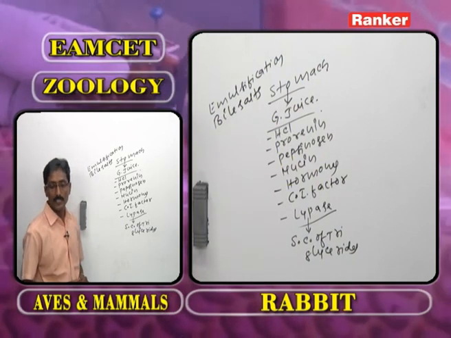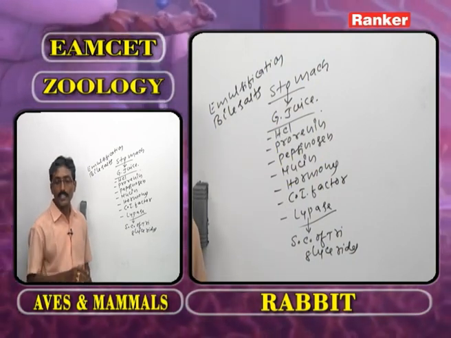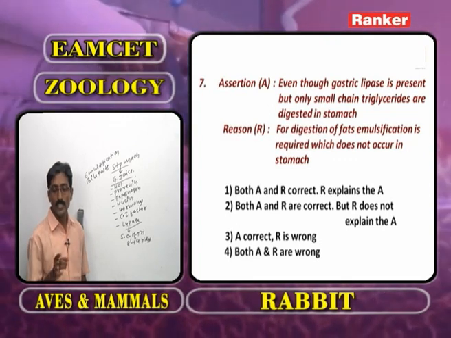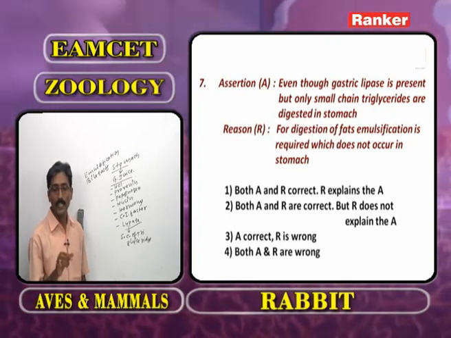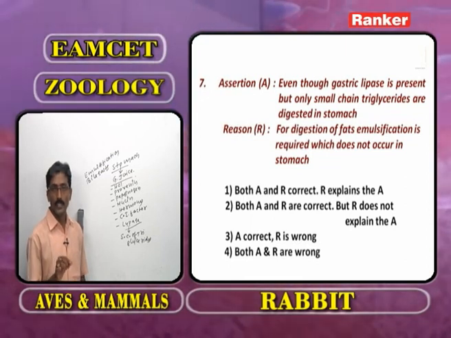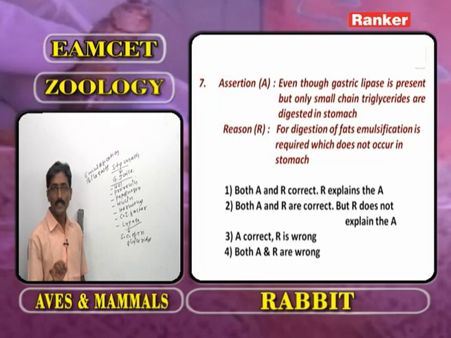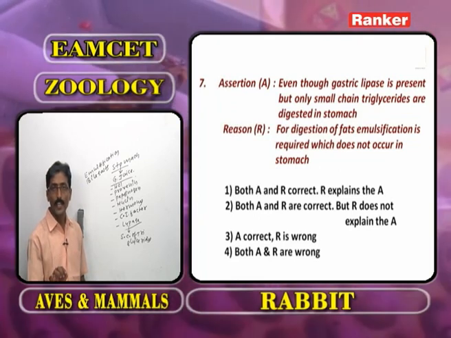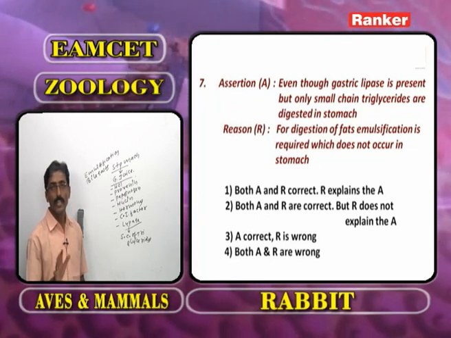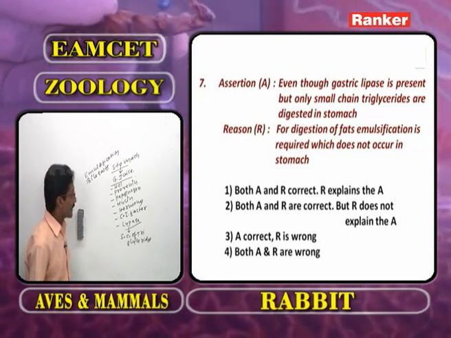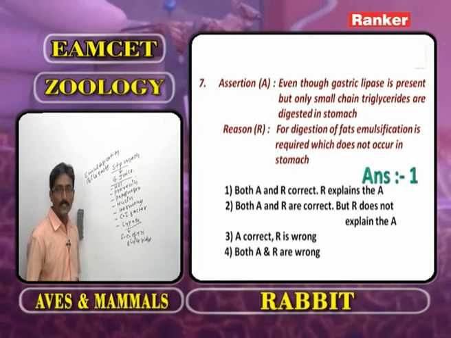For the digestion of fats, emulsification is required, which does not occur in the stomach. So both are correct, and R explains A. Now we go for the next question.